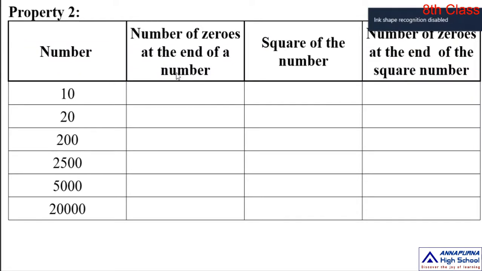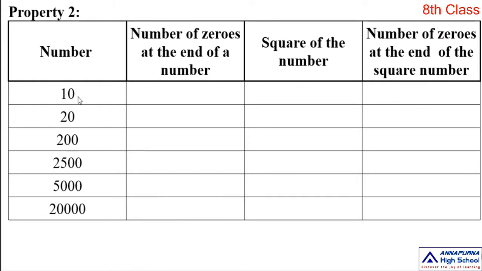Okay, so before explaining this property, first complete this table. Here some numbers are given, and you find out the number of zeros at the end of a number, and you find the square of that number and the number of zeros at the end of the square number. Let's see.